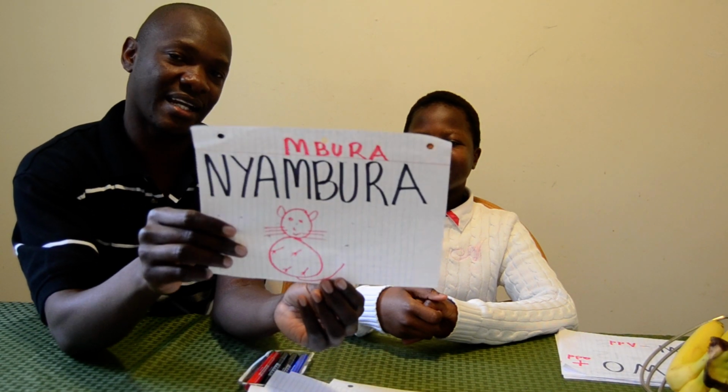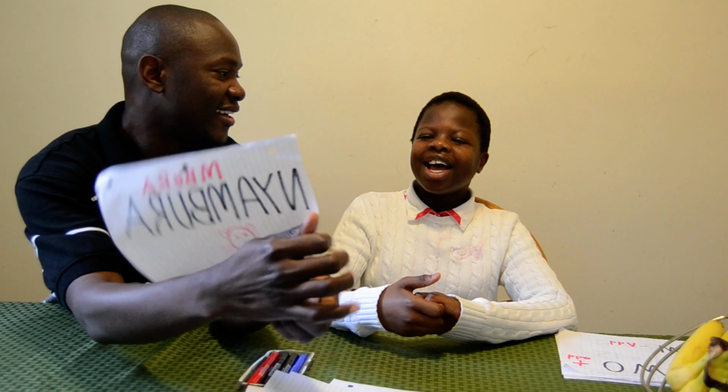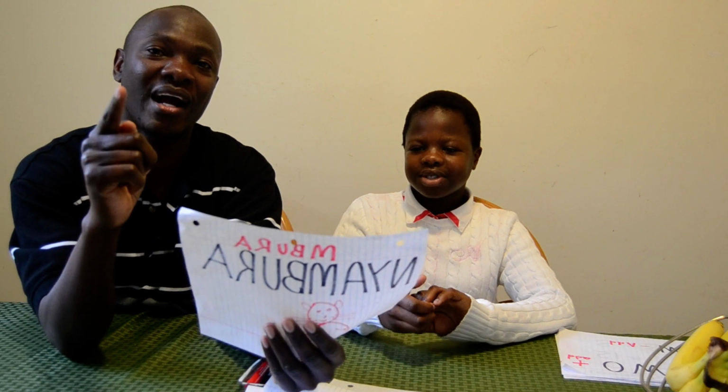Guok. Say it again. Guok. And finally, that's a cat, a beautiful cat, and you call it? Nyambura. Correct. You can say mbura or nyambura.